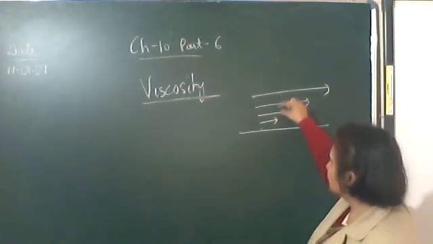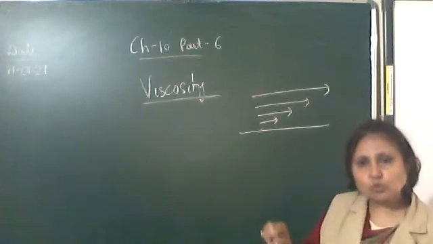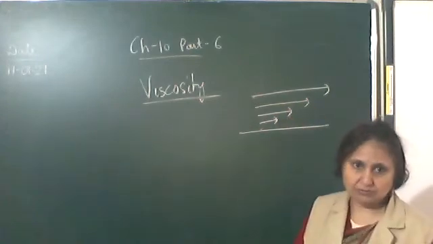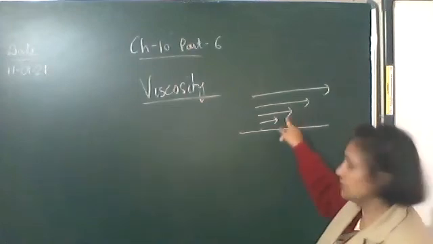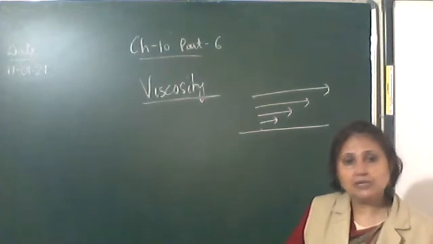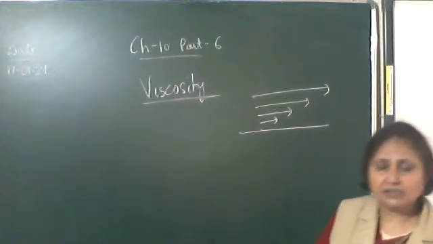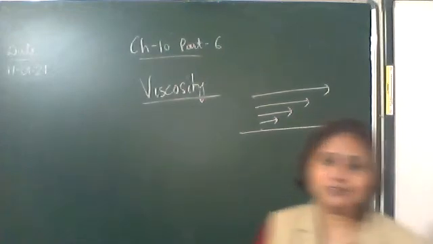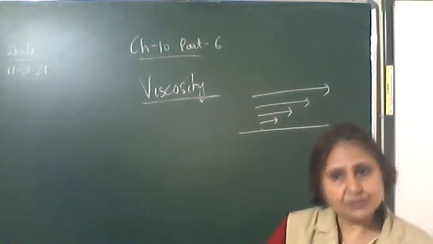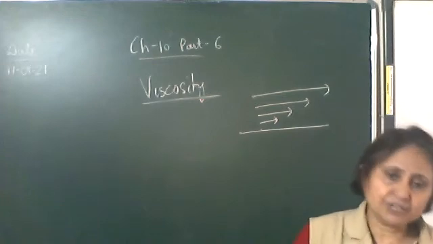So as you can see here, between the two layers of the liquid there is a relative motion. Both the layers are not going with the same velocity. And we know that whenever there is a relative motion, an opposing force acts. When a solid moves on another surface, the opposing force we call the frictional force.